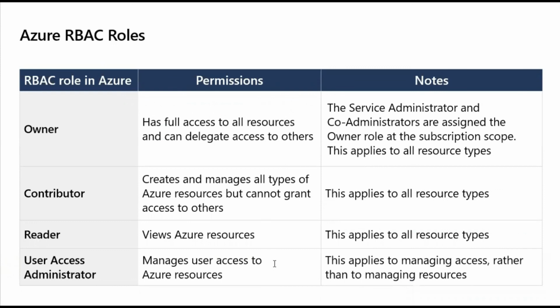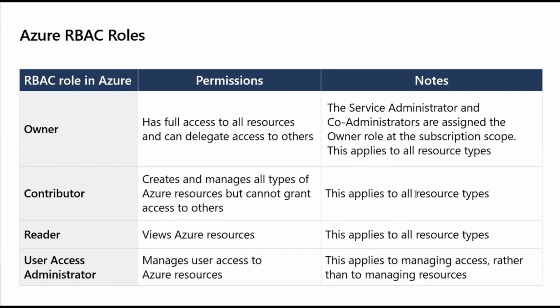It's just some of the permission levels. Owner has full access to everything. Note, Azure service administrator and co-administrators are assigned the owner role at the subscription scope. This applies to all resource types. Contributor creates and manages all types of Azure resources but cannot grant access to others.